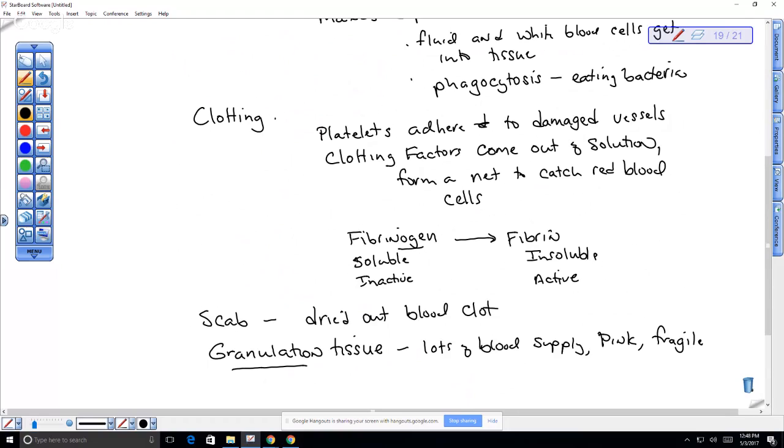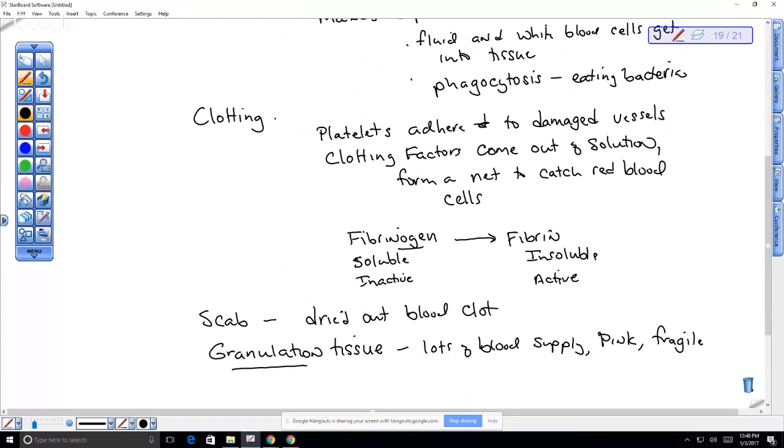So everybody's picked a scab, right? And you're like, oh, I picked that scab too soon, right? Because it starts to bleed again. And when you look underneath the scab, if it's pink and it starts to bleed again, that is the granulation tissue, okay? Once the granulation tissue then transforms into normal tissue and you have a scar, right? Then when the scab comes off, it's not pink anymore, right? So it looks like normal tissue, okay?